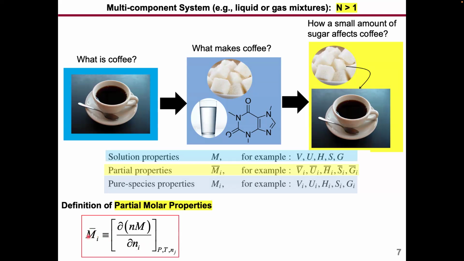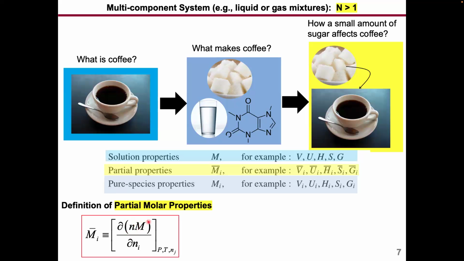So the definition of your partial molar property is M_i bar equal to the partial derivative of NM. NM is the total property of your mixture. So if you say UM is U, it's going to be N times U. U is the molar internal energy of your mixture, times moles gives you the total internal energy of the system.